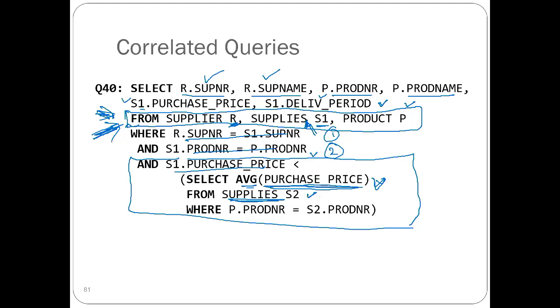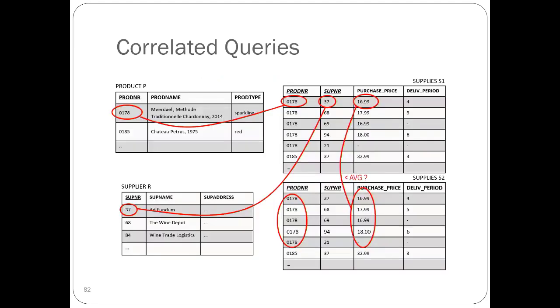So what I should do next, let's try to visualize it, right? One good thing here is that the textbook helps us out in visualizing this difficult query. Fine, so this is the product. You are joining product and S1, right? So in the outer query, we join product, supplies as well as supplier.